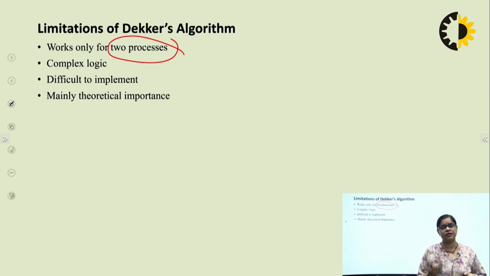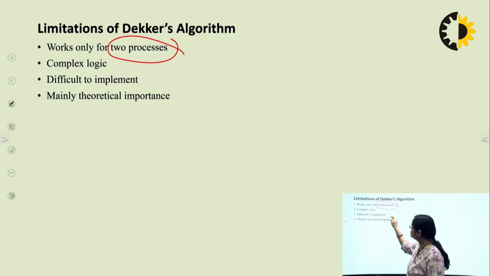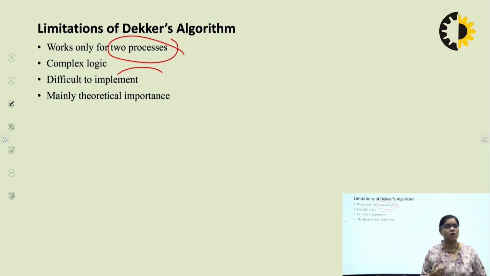So this logic is very complex for a person to understand, and if some point has been missed in the while loop, then there will be trouble. It is very difficult to implement because the logic is difficult.